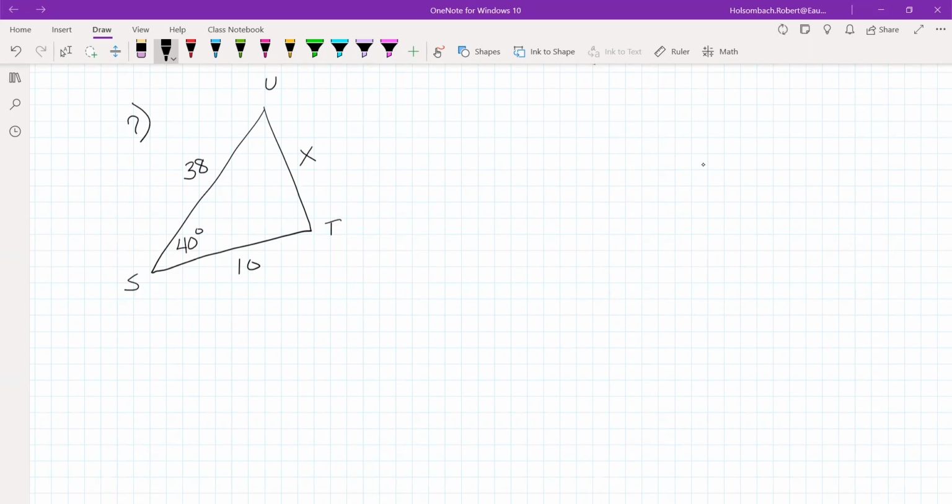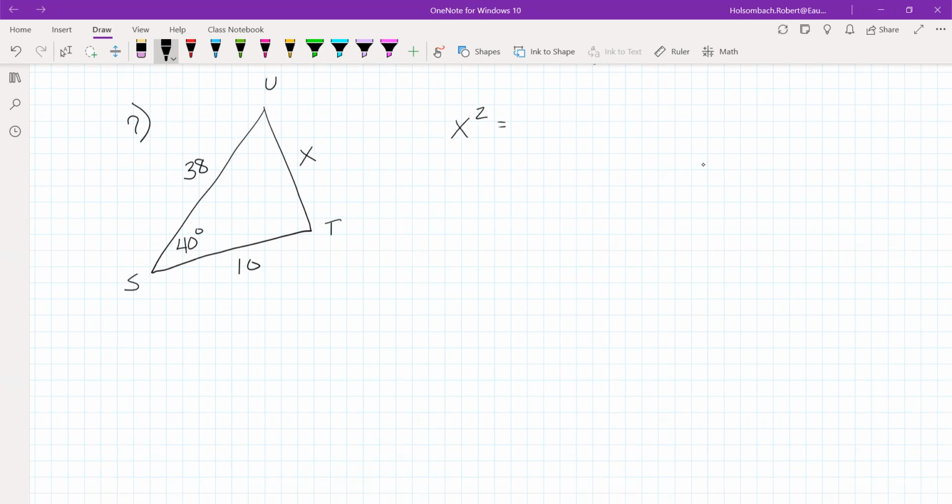Okay, we've only got one angle measure. So this is what we covered yesterday. When we've only got one angle measure and we need a side, we're going to use the law of cosines. Okay? And yesterday, we said that the side opposite the angle we're using is our x squared.